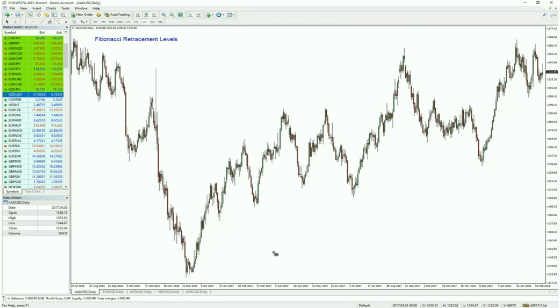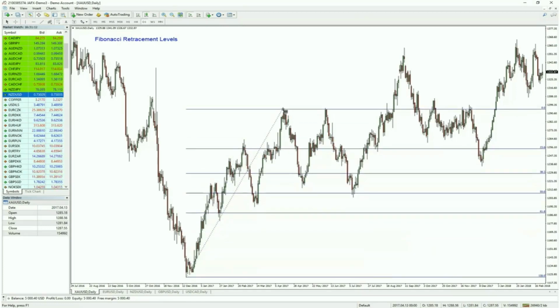So we'll use a few here to assess the markets as they were from the 12th of December to a period up to this new high. We will place our Fibonacci retracement level from low to high. That would be, at this current time, our Fibonacci retracement level.